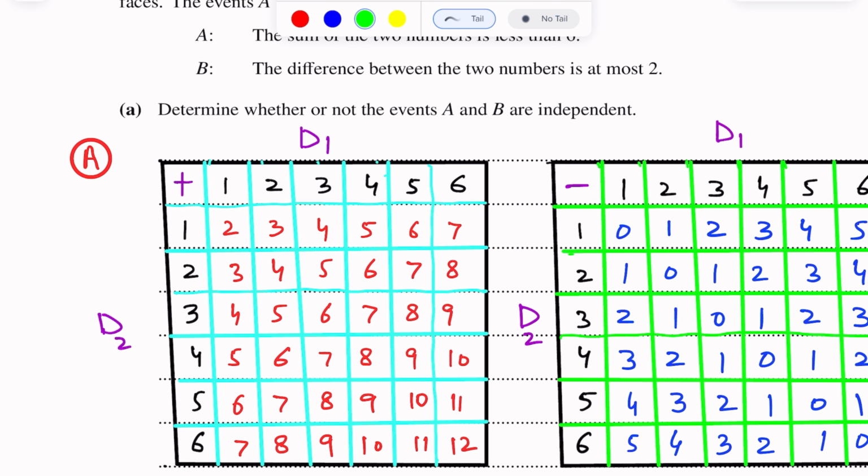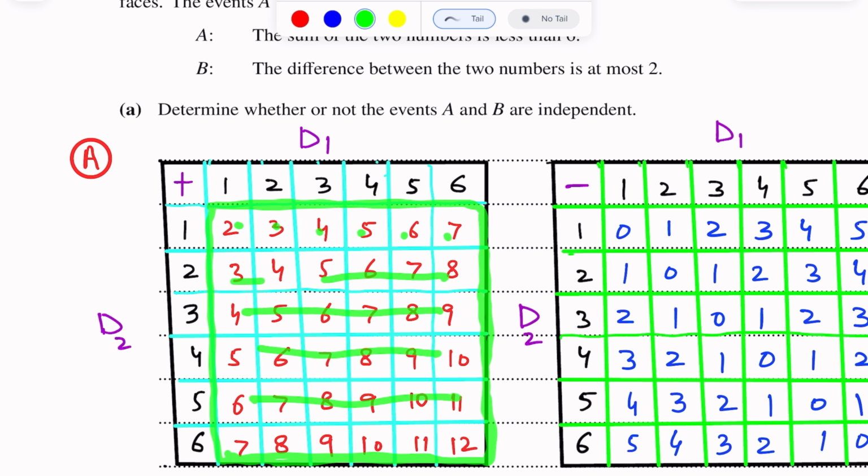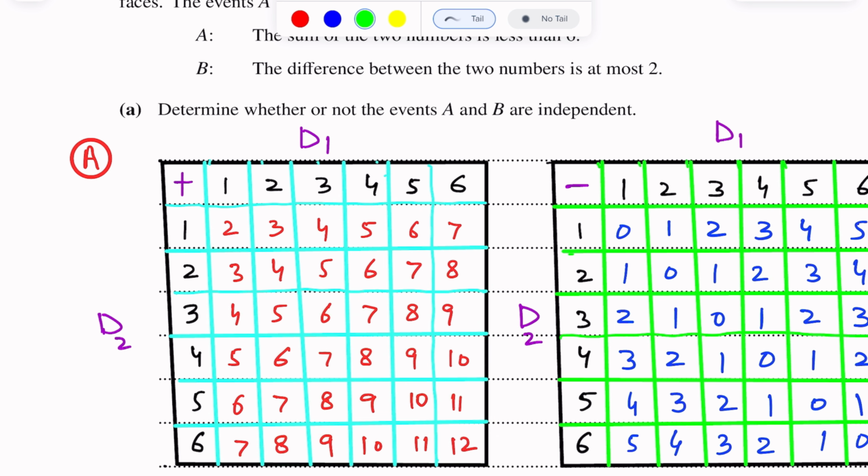In the same way, we will find 2 plus 1, 3; 2 plus 2, 4; and so on. These numbers are the possible outcomes for event A: 2, 3, 4, 5, 6, 7, and so on.